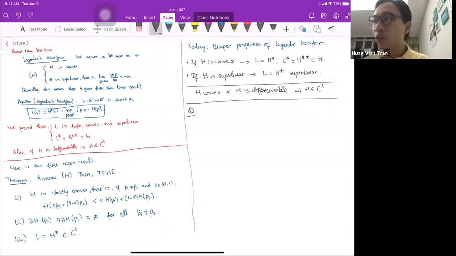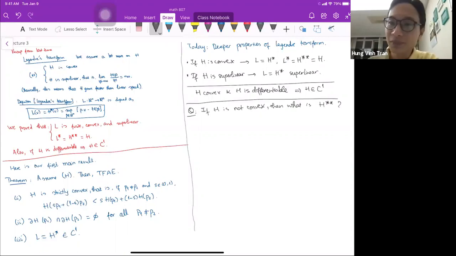So a natural question would be: if H is not convex, then what is H double star? It's a natural but beautiful question, and sometimes research directions in PDE and analysis are driven by those very natural and simple questions.